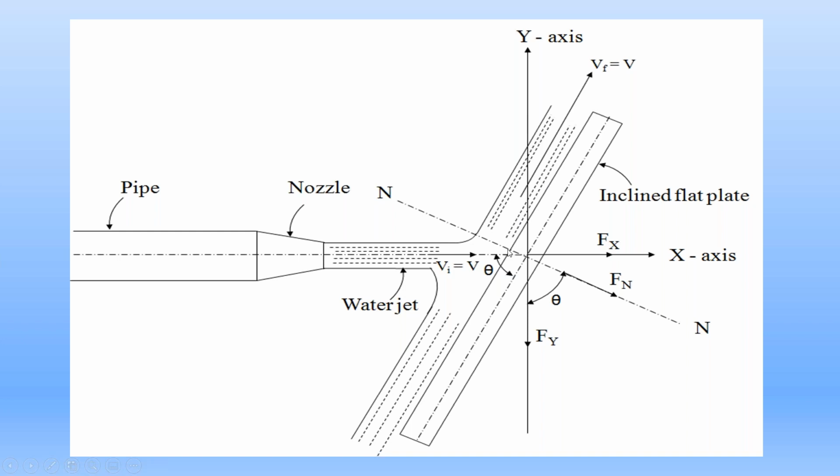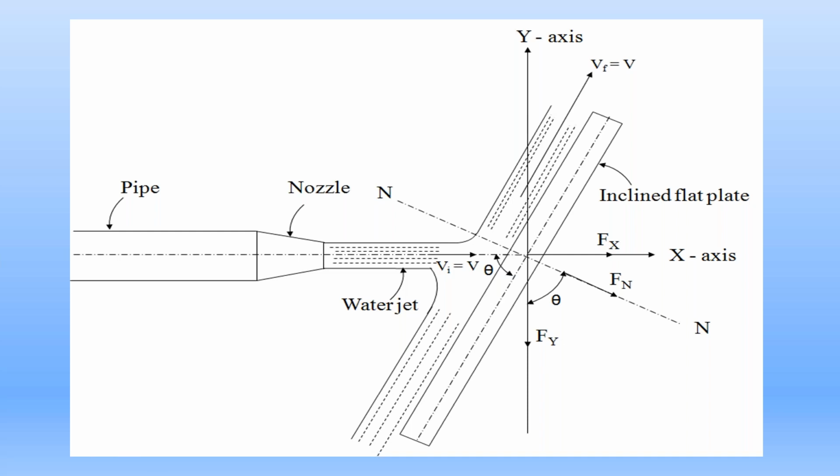Since there is no loss of energy because the surface of the metal plate is smooth, the final velocity Vf is also equal to V. So follow those velocities of the water jet. These velocities are very, very important to prepare the equations for the Fx, Fy forces. So please focus on the velocities of the water jet: initial velocity before impact, final velocity after the impact.